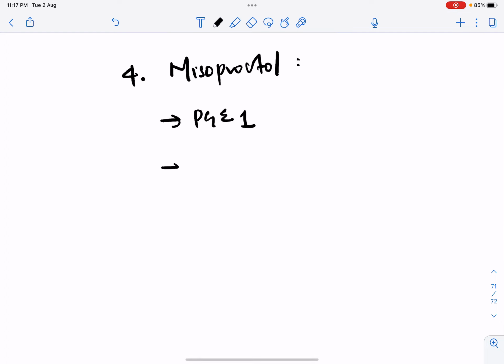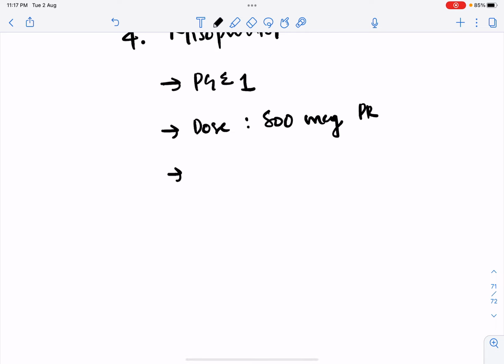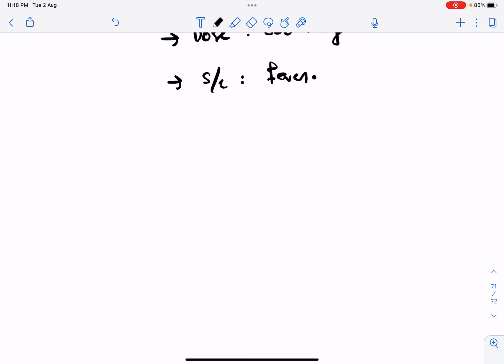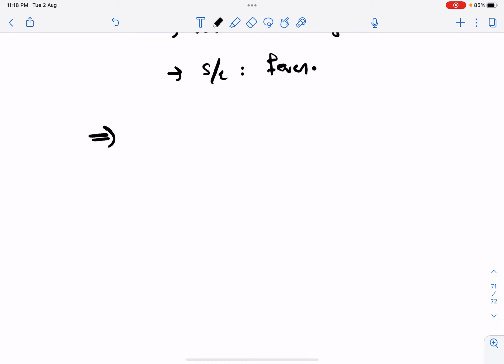The dose is 800 micrograms per rectal. Fever is a side effect as it is a PGE1. So these are the medical management options for PPH.